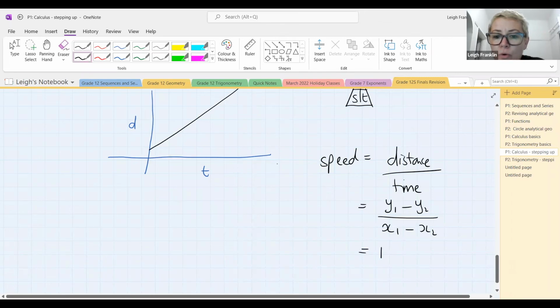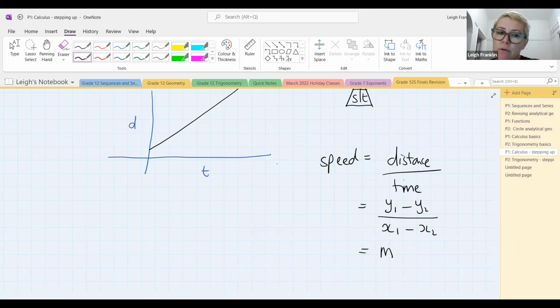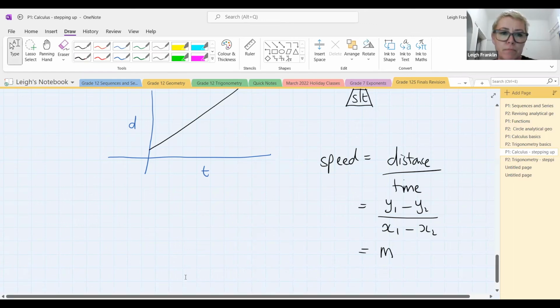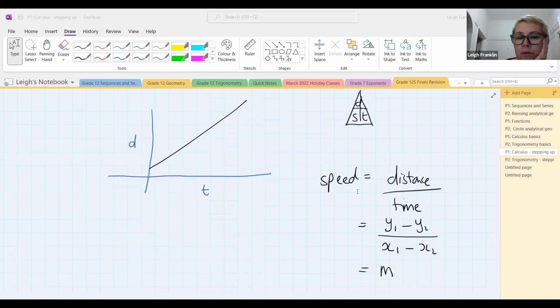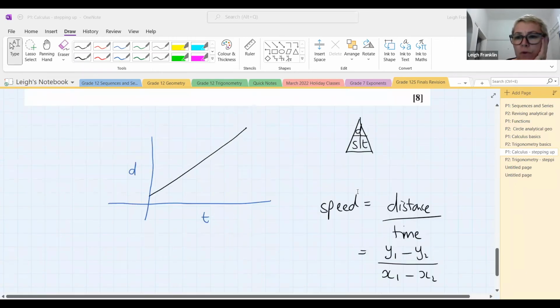And that is your gradient. Does that make sense to you? That's where it comes from.